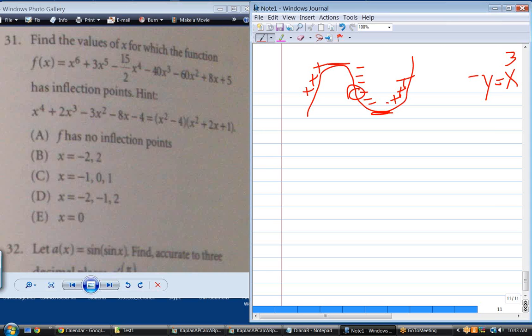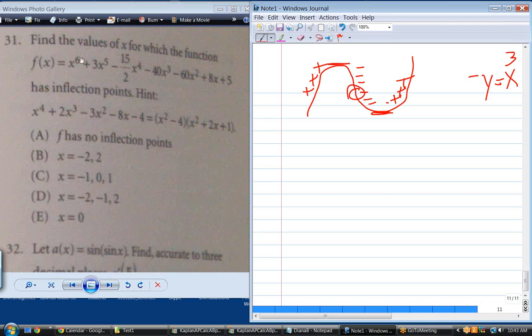In other words, we're still going to take this sixth degree function. We're going to take the second derivative of it. We're going to then factor it based on this hint they gave us, because obviously after we take the second derivative, our largest power is going to be x to the fourth. You always lose 1 degree with each derivative.